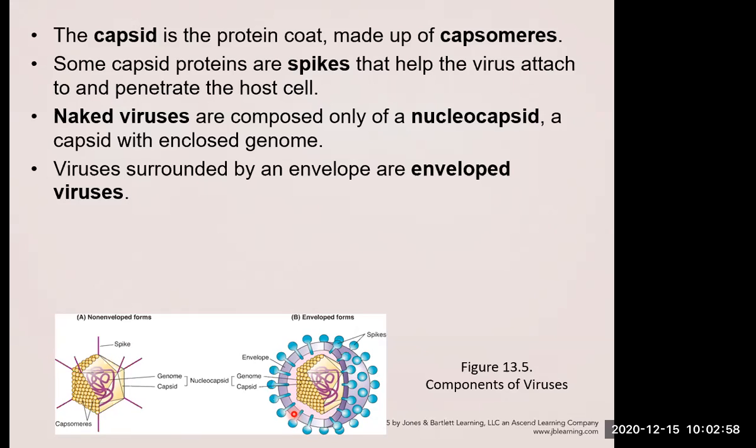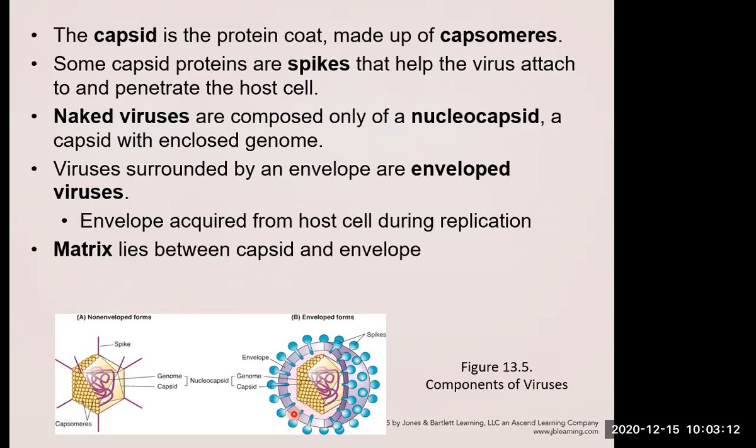And then we'll also see a figure whenever an enveloped virus enters into a host cell, its envelope integrates into the host cell membrane as it enters in the cell. And if you are an enveloped virus, the region between the capsid and the envelope is called the matrix. And these are all just definitions. So, does a naked virus have a matrix? No, it does not, because it does not have an envelope.